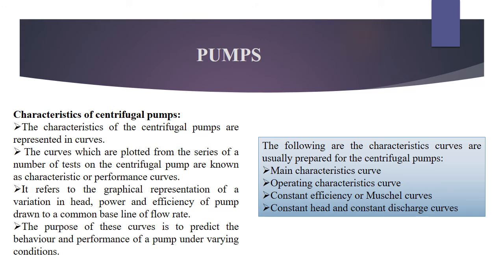Characteristics of centrifugal pump, based on the characteristics of the centrifugal pump represented in curves. The graphical representation of the curve shows the power and the efficiency of the pump, and the specific speed of the pump is drawn clearly. The purpose of this curve is to predict the behavior and performance of the pump under varying conditions.